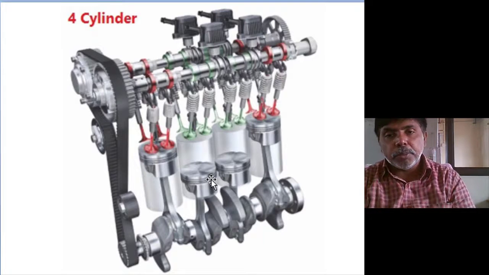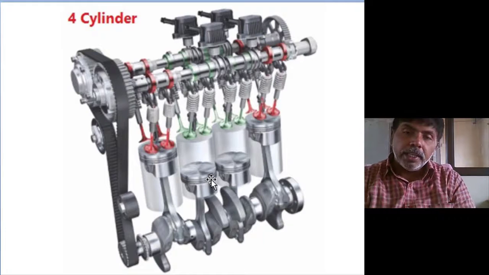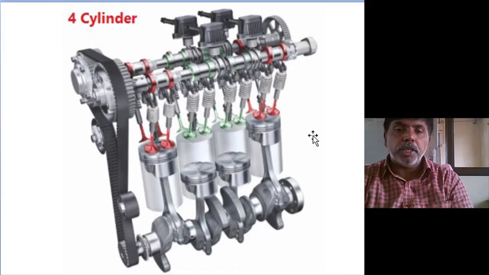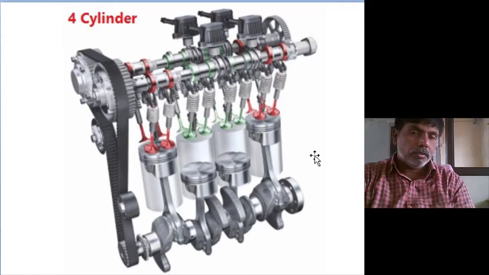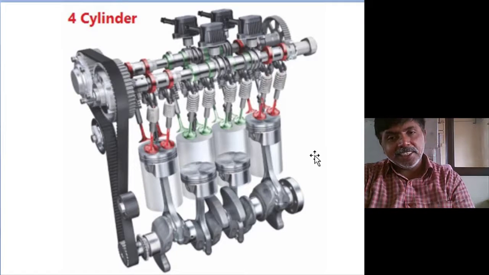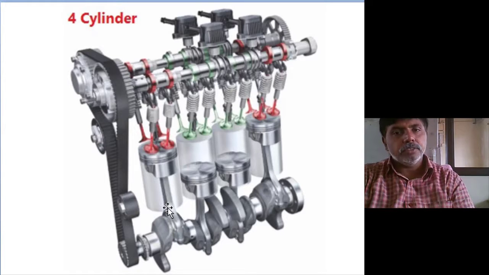Then I will determine the brake power. The total brake power minus these three cylinders' brake power is equal to the indicated power of the first cylinder. It is clear. First I determine the total brake power, then I cut off the supply of the first cylinder.